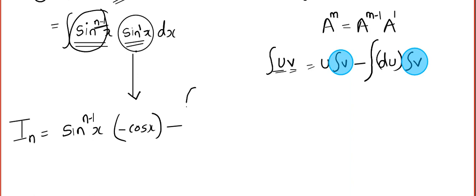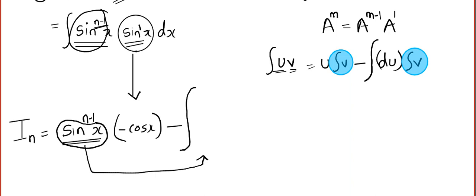Minus, inside a very big integral, you have to differentiate this. I'll show you that once more. This looks like something to the power n minus 1. So I will write n minus 1, the same thing to the power n minus 2 times the derivative of sine x, which is cos x.